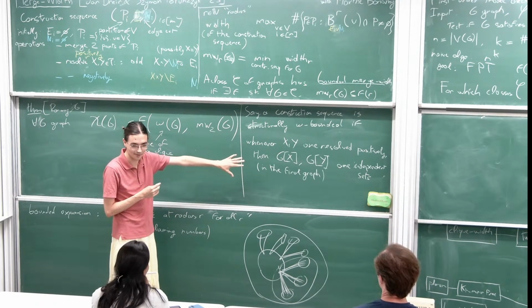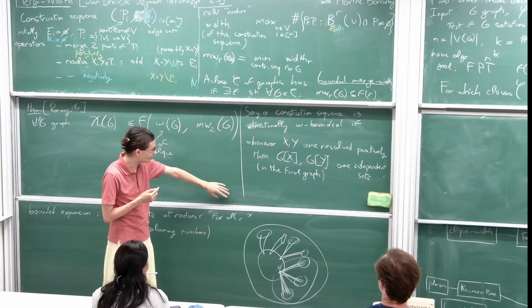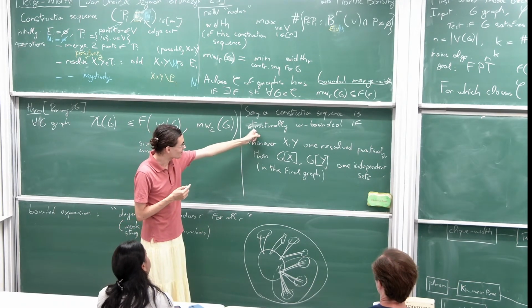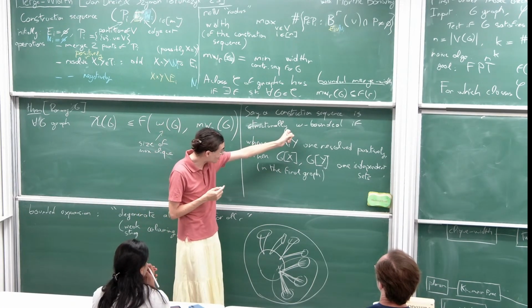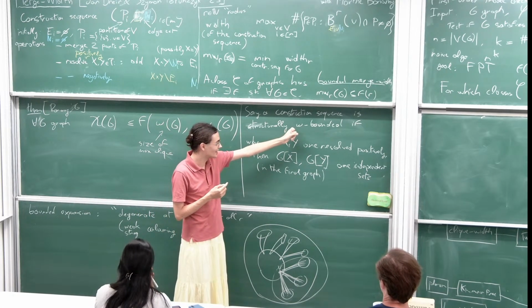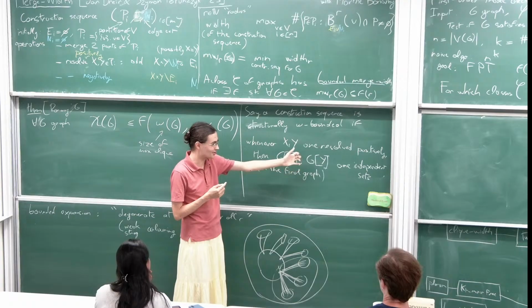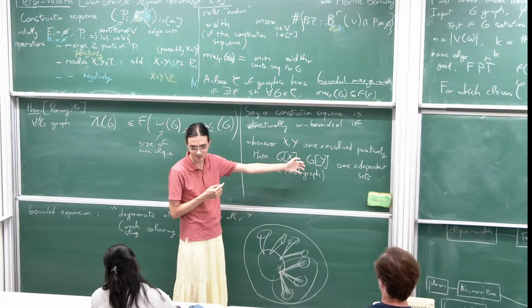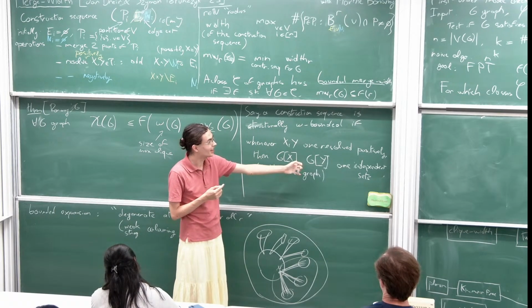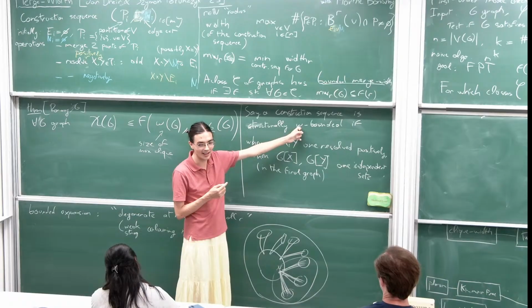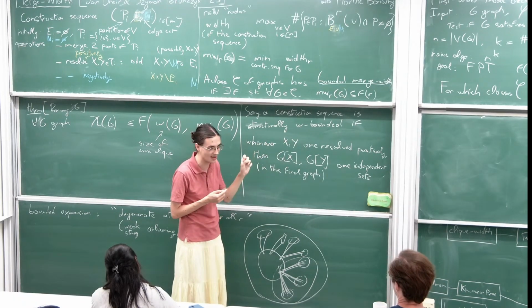Half of the proof is reducing to that, the second half is proving it for that. The reason I call this structurally omega bounded is that it's a condition on the structure of your contraction sequence, and it will imply that the clique number omega is bounded. So this is where this stupid name comes from.